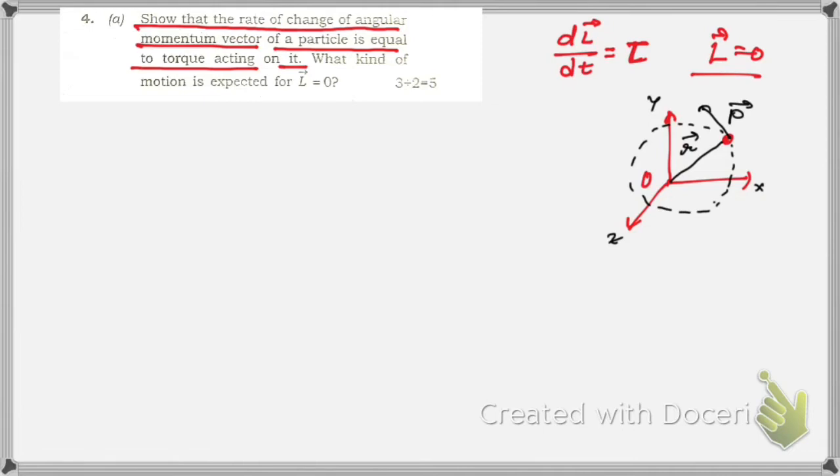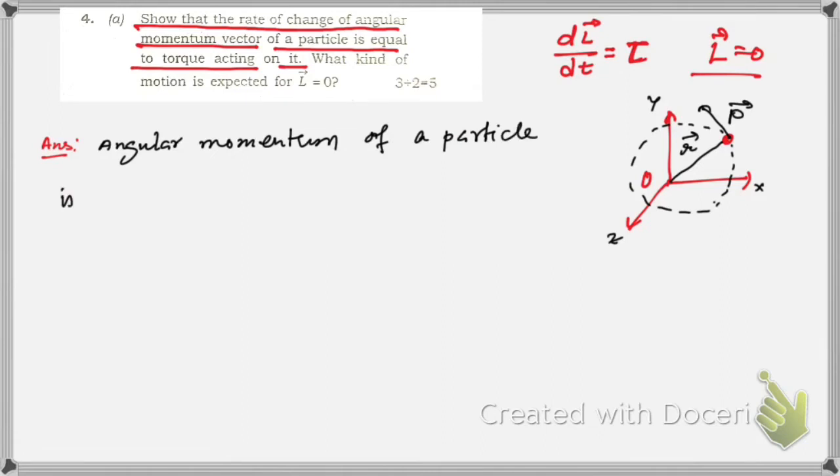We know that the angular momentum of a particle, vector L, is equal to the cross product of its position vector and linear momentum, where P is the linear momentum.